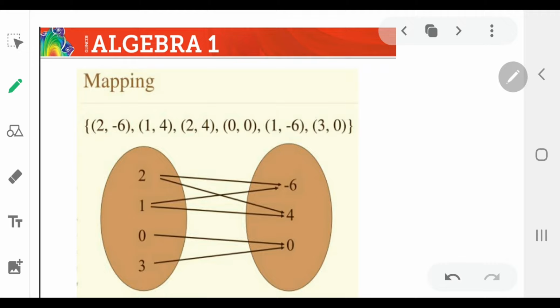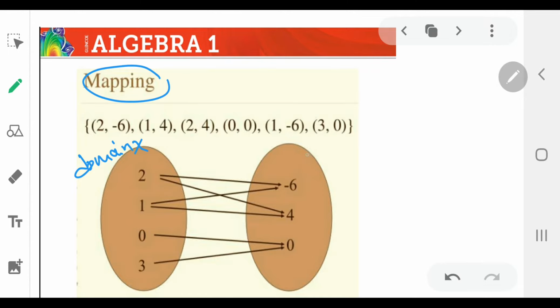Another representation of a relation is called mapping. In mapping, we use two geometrical figures, either two ovals like here, or you might use two rectangles. And we use arrowheads to pair each x value with its corresponding y value. So here are all the x values, the domain, in one rectangular shape or one oval shape, any geometrical shape.